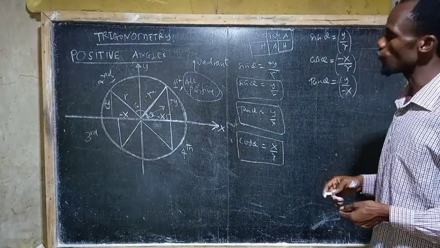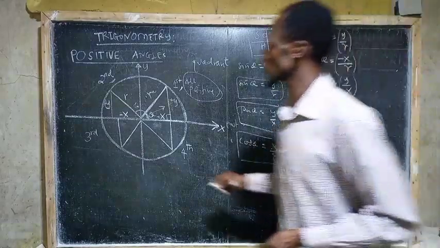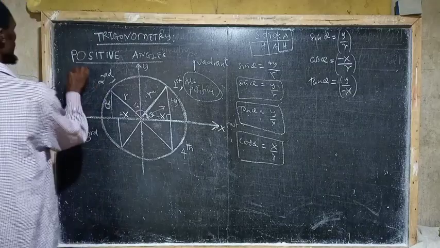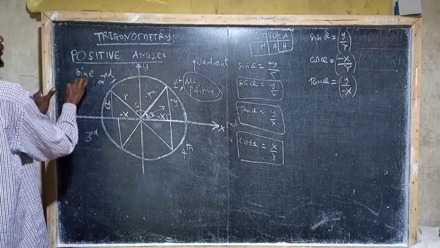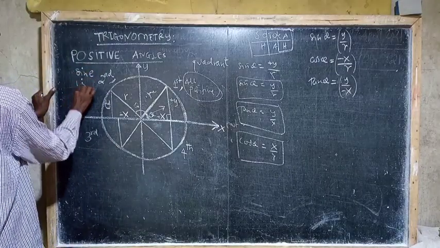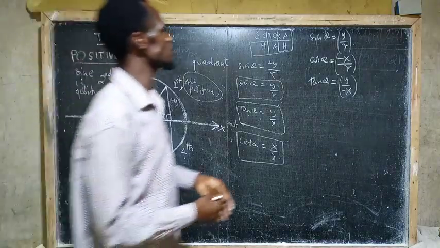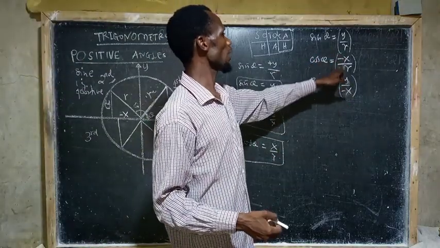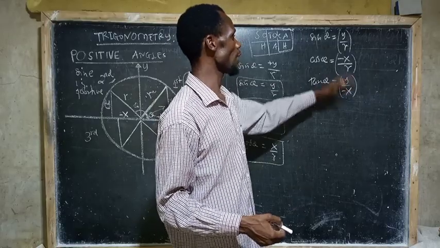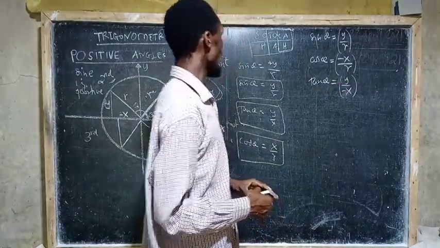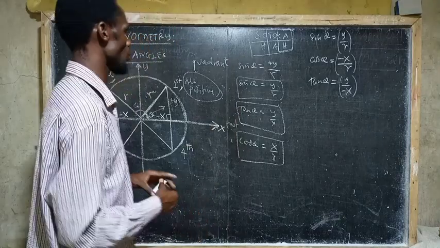So here we say sine is positive. And we have shown mathematically how it happens, why it is positive and why here it is negative. We have shown it clearly, and that is very important to understand that concept.